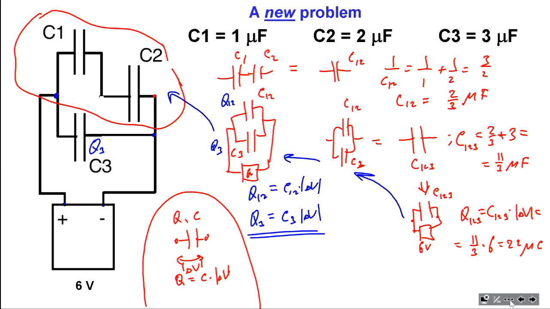But the charges Q2 and Q1 should be just equal to Q12.